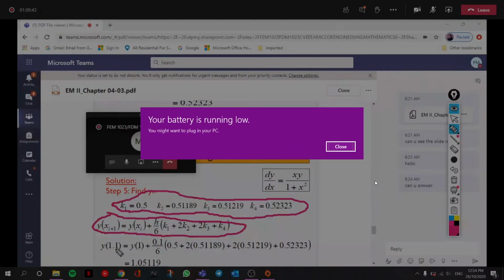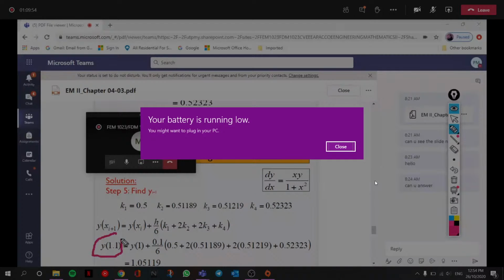The next output is at 1.1. So y1 equals 0.1 divided by 6. You cannot change that. In the bracket, K1, plus 2 multiplied by K2, plus 2 multiplied by K3, plus K4. So you simplify using your calculator now.